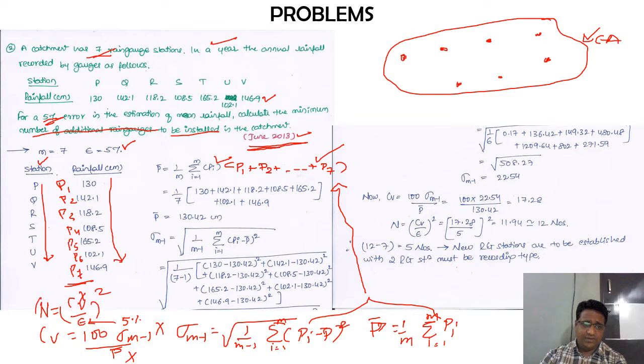Since we don't have the values of the required quantities, we'll initially start with the calculation of p bar, then go for sigma m minus 1, then calculate Cv, and finally calculate the value of n with respect to all the data that has been calculated. Keeping this in mind, now if I just go here.